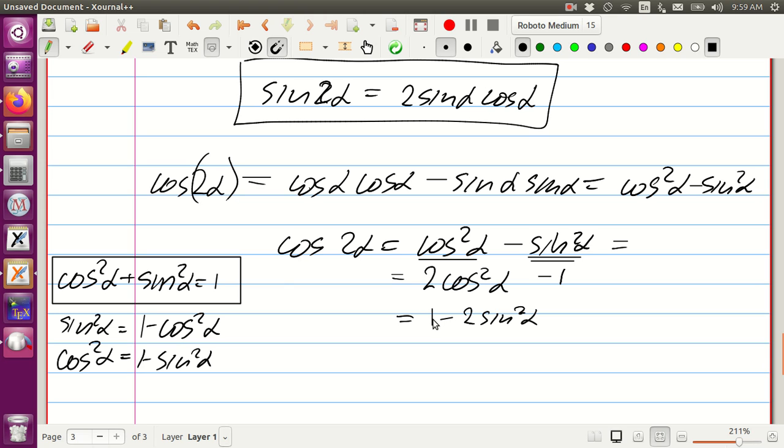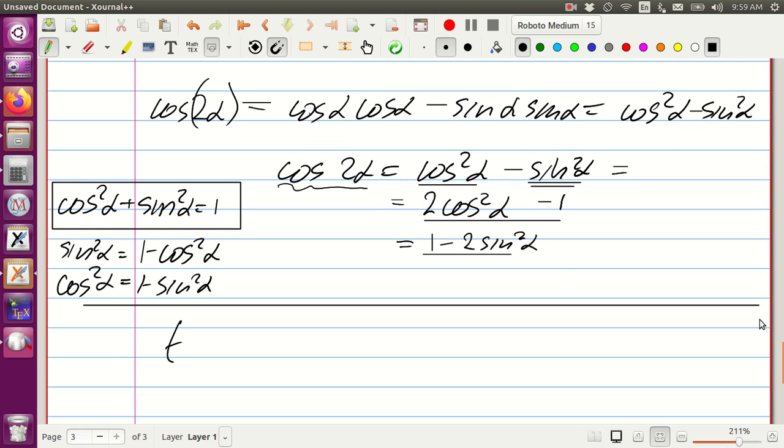So, for example, you have a formula which has cosine of 2 alpha, but you don't want to have any cosines in the future, then you can pick this form. Or if you have only cosines in your formulas, then you can choose this form. But if you don't care and you can have both of them, cosine and sine, you can choose the first form.